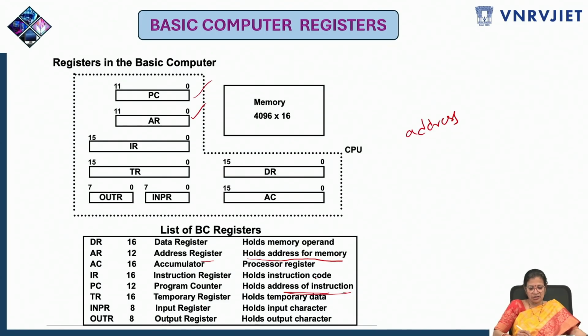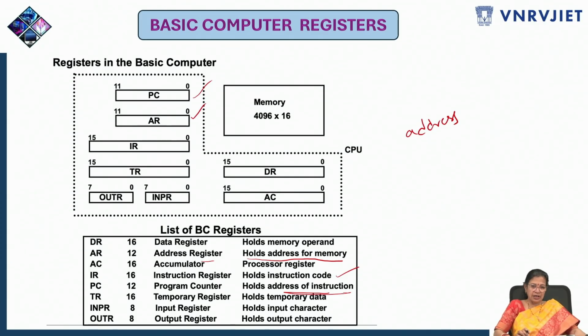Why this distinction? When we are fetching, whichever instruction is to be fetched next is first transferred to the program counter. Then it fetches the instruction, brings it, and holds it in the instruction register. So the instruction register will be holding the instruction.